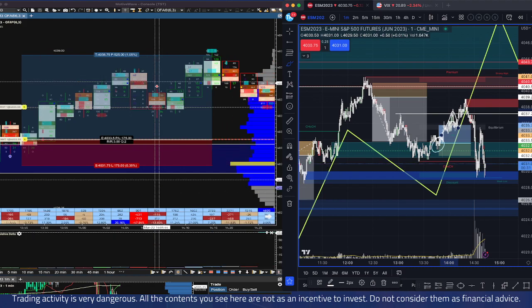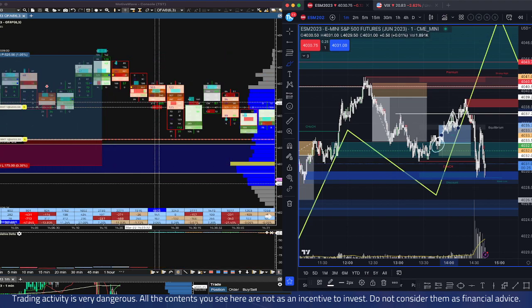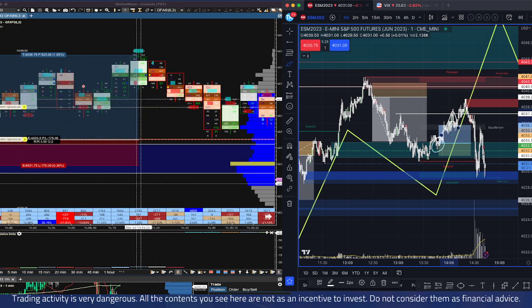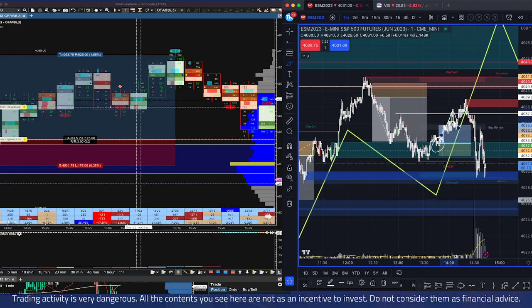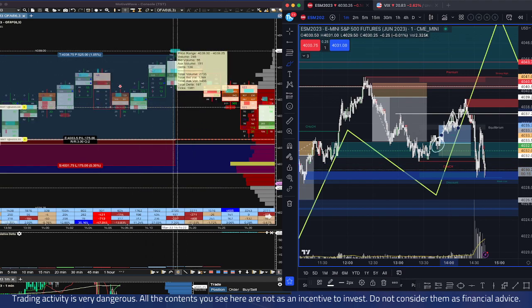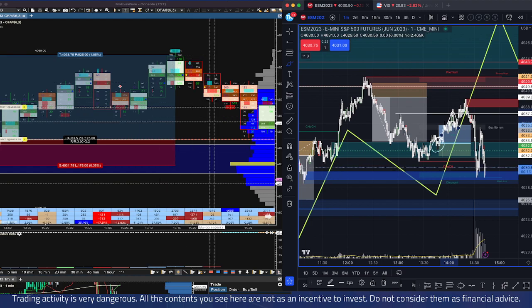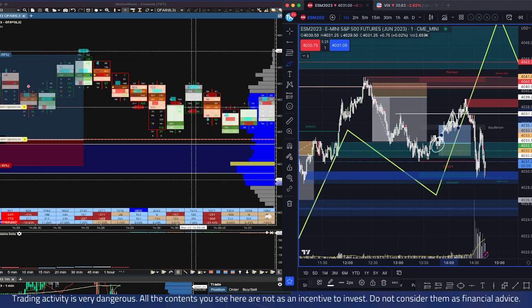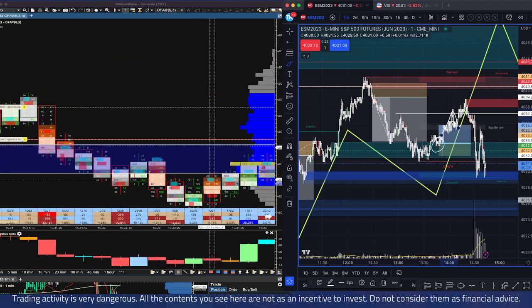As you can see, this was a good signal of what happened a few minutes later, because a new group of sellers entered the market and moved the price down.